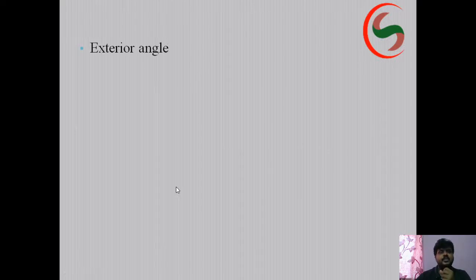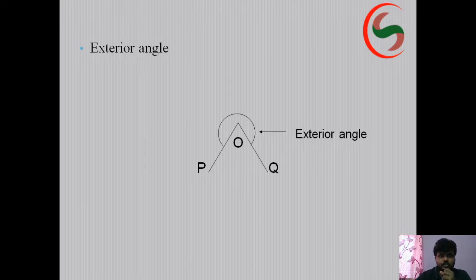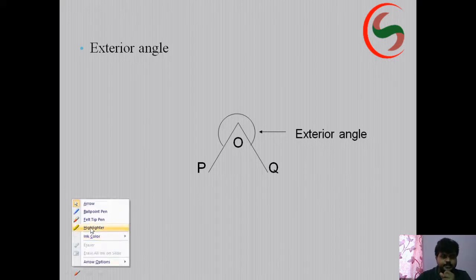Next, the exterior angle or excluded angle. Here, the angle outside the two lines, which is more than 180 degrees.